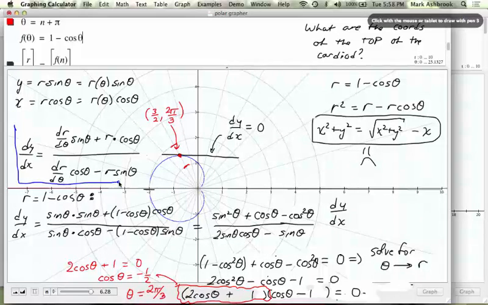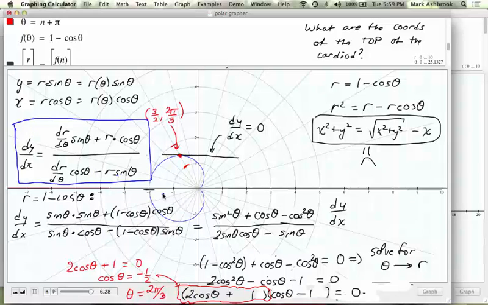I just did this first dy dx based on your y equals r sine theta, x equals r cosine theta, and then here's where it was for our example. But this is your dy dx, okay? Okay, so we're on track.